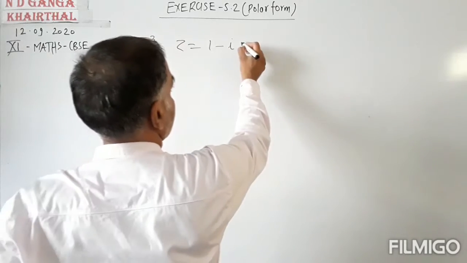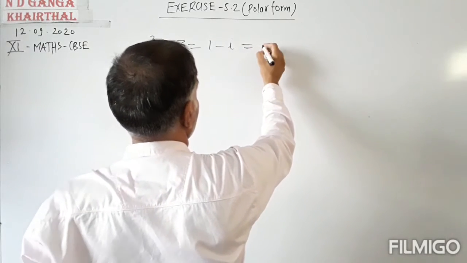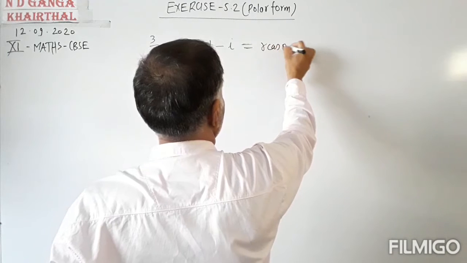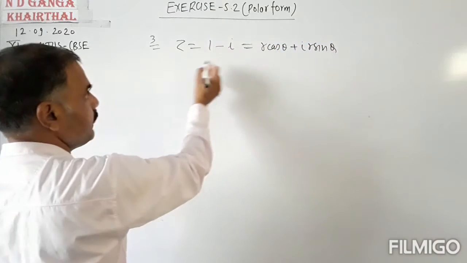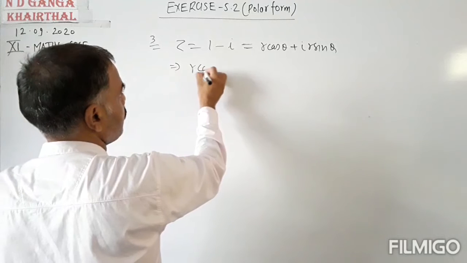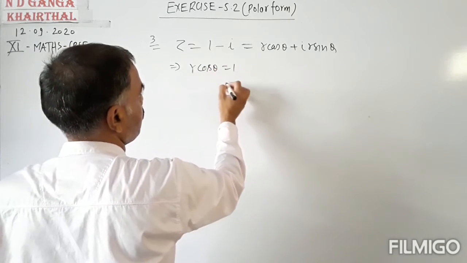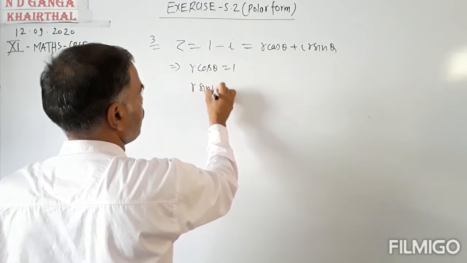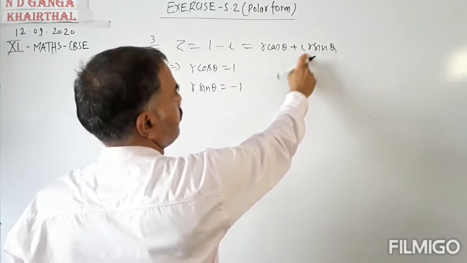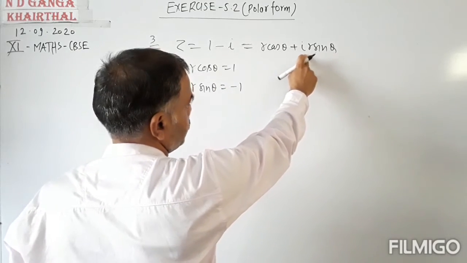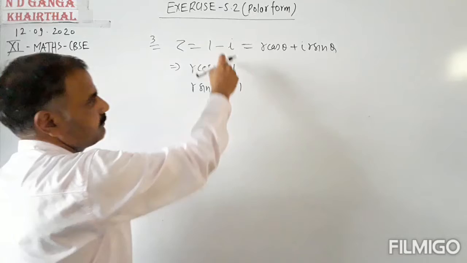This is equal to r cos theta plus iota r sin theta. Now comparing, we have r cos theta equals 1 and r sin theta equals minus 1, since the coefficient of iota is minus 1.